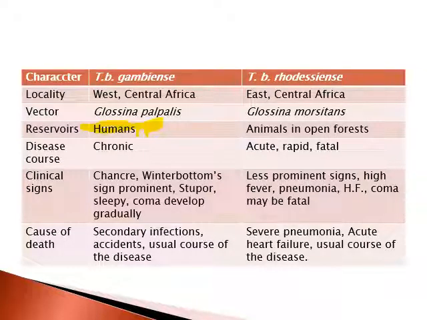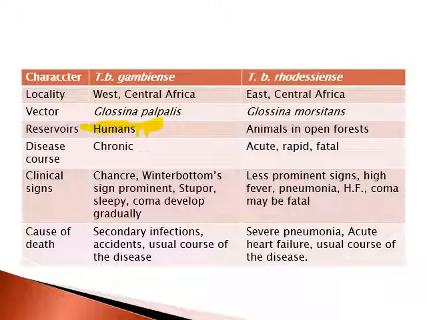The cause of death in the case of Western sleeping sickness, or Trypanosoma gambiense, is secondary infections during stupor and coma, also some accidents because the patient walks sleepy, as well as the usual course of the disease, which ends with deep sleep, coma, and death.